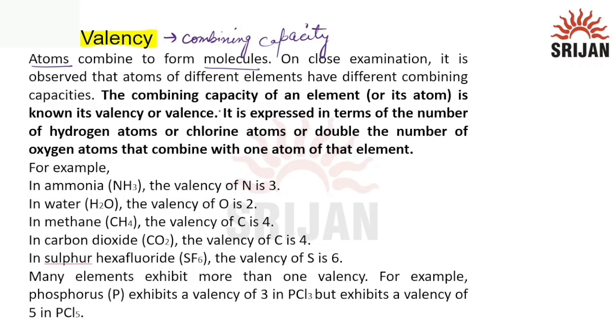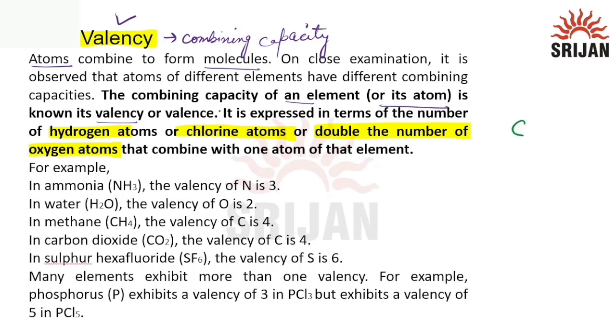That number is known as valency. So the combining capacity of an element or its atom is known as valency. It is expressed in terms of the number of hydrogen atoms or chlorine atoms, or double the number of oxygen atoms, that combine with one atom of that element.